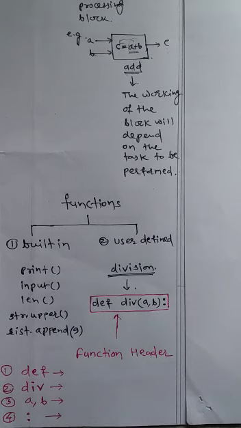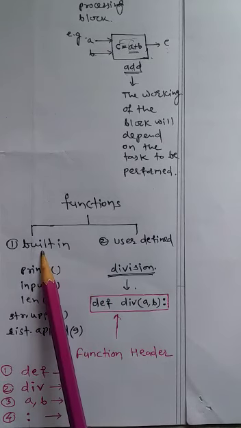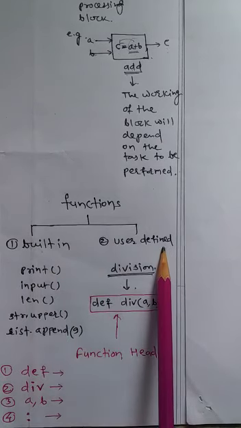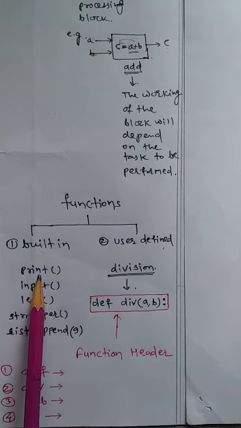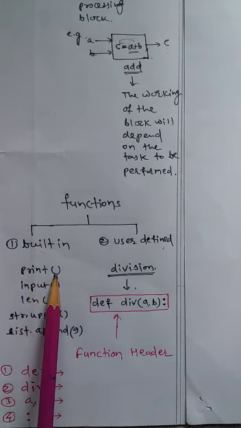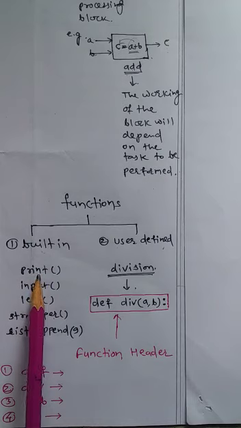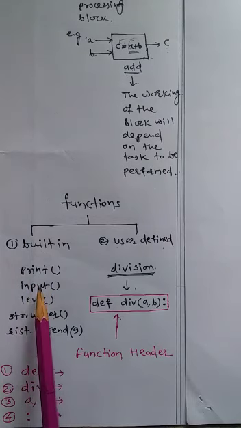So these functions are of two types: built-in functions and user-defined functions. Built-in functions: in our previous lectures we have used some built-in functions like print. If you want to print the data to the console, we are using this print statement. We have used input to receive the data from the console.